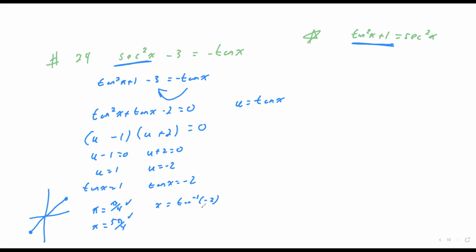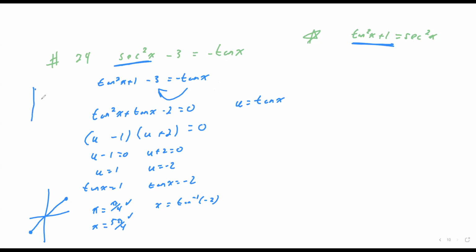And then if I plug that in, when you have secant squared of tan inverse of negative 2, you would almost have to do a triangle.